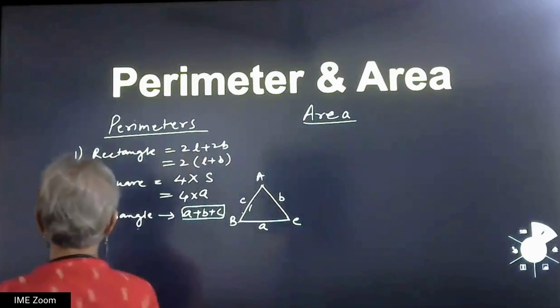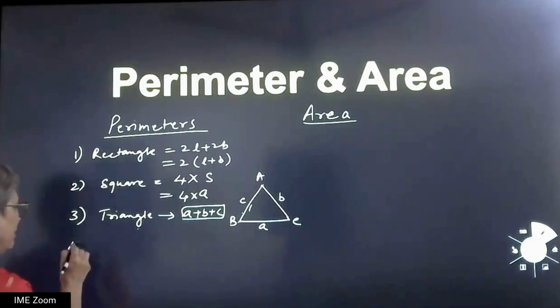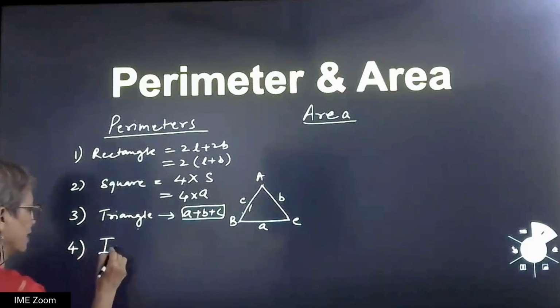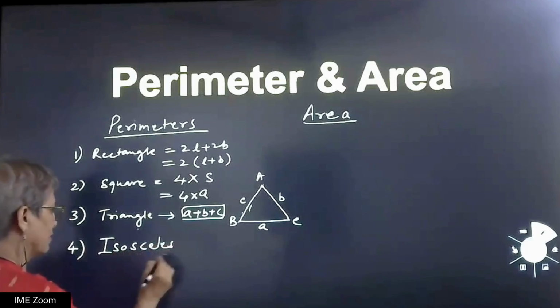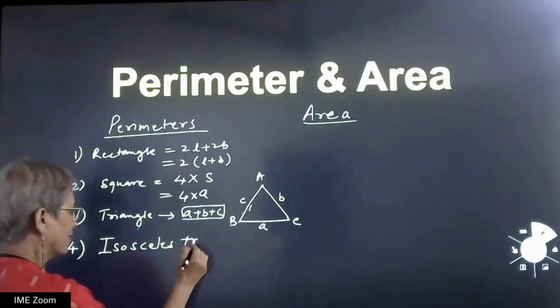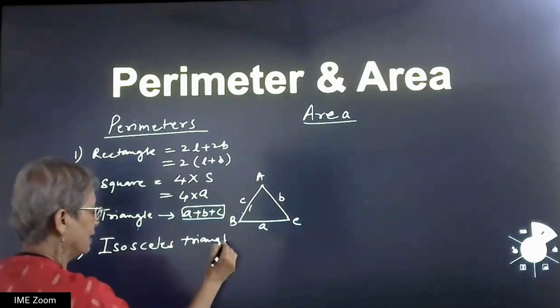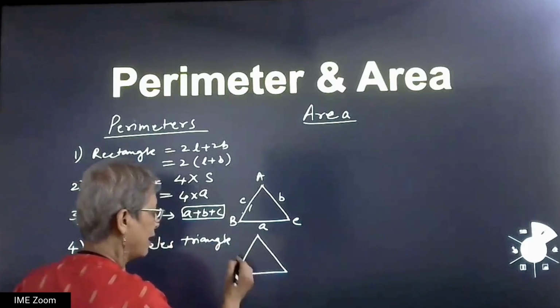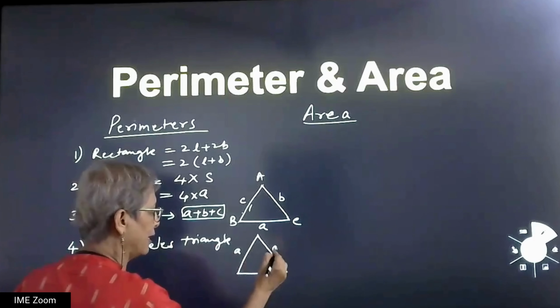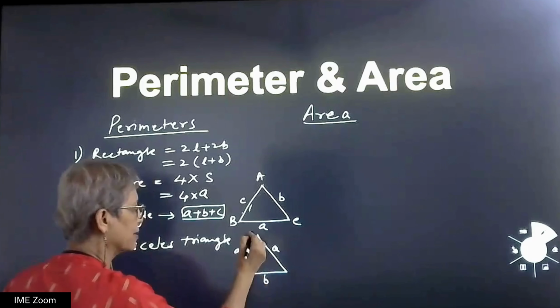And then next, in triangle, we have the isosceles triangle. What is an isosceles triangle? Two sides are equal. In an isosceles triangle, two sides have equal lengths, say A, and B is the base.